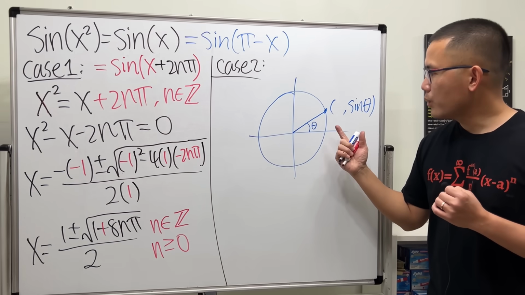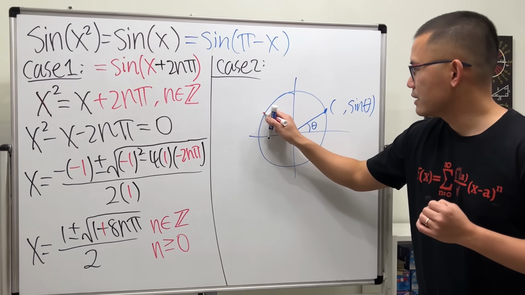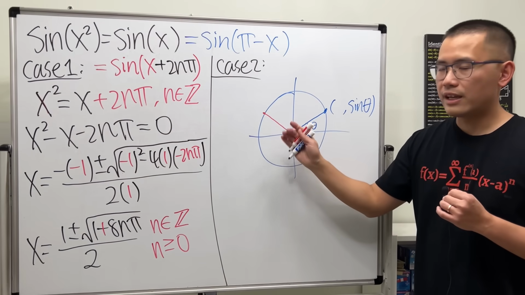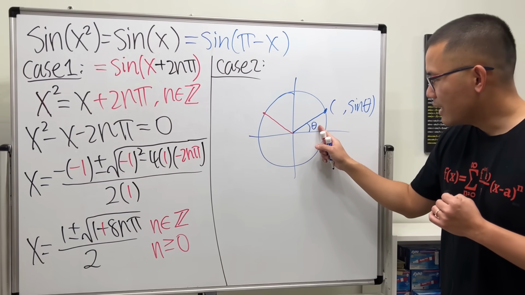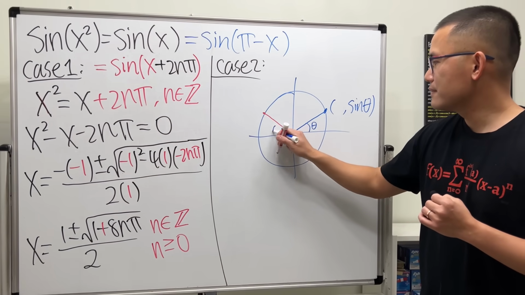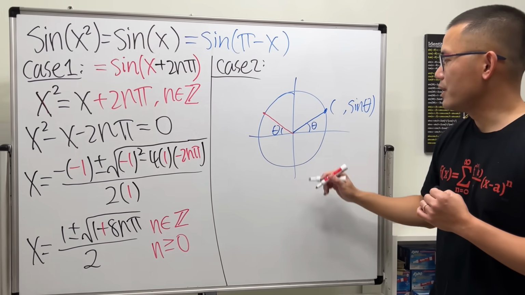We have to think about where else can we have the same y value. Just go here, right? Like this. Now this is just a left-right reflection. This is the angle theta. This will also be the angle theta. But to measure the angle, we have to go from here to here.